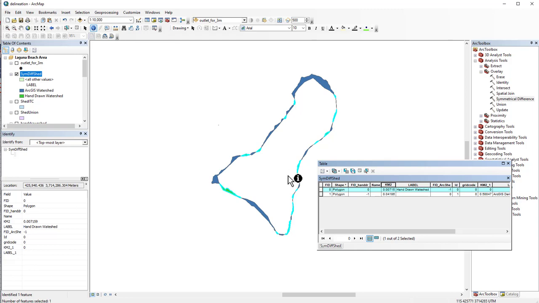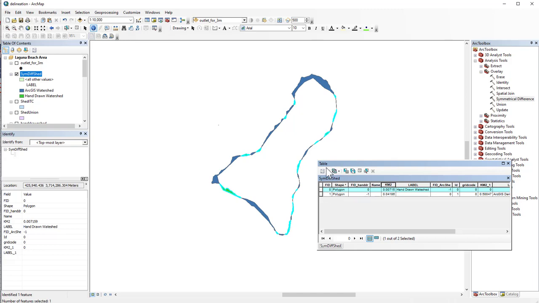So this is an important way of being able to evaluate the results of what's not included when you have a coefficient of areal correlation. So you can decide which you think is the best input. If you think that your hand-drawn watershed is the most accurate, you could get a sense of what was omitted from that, and vice versa.